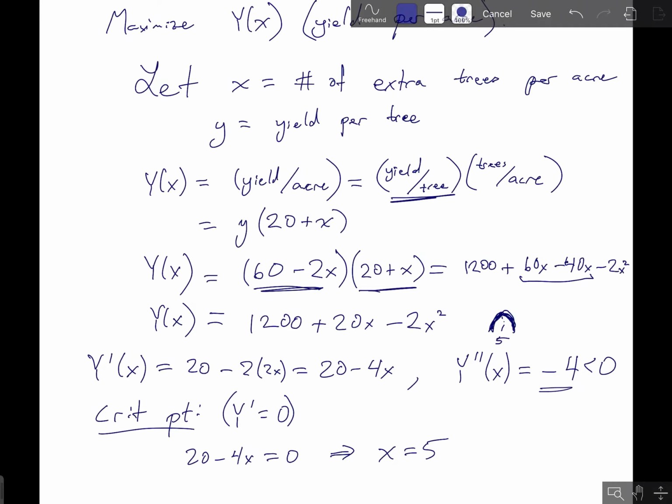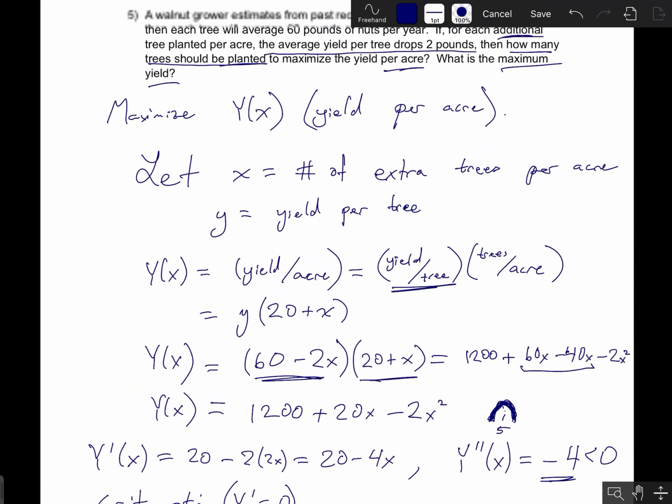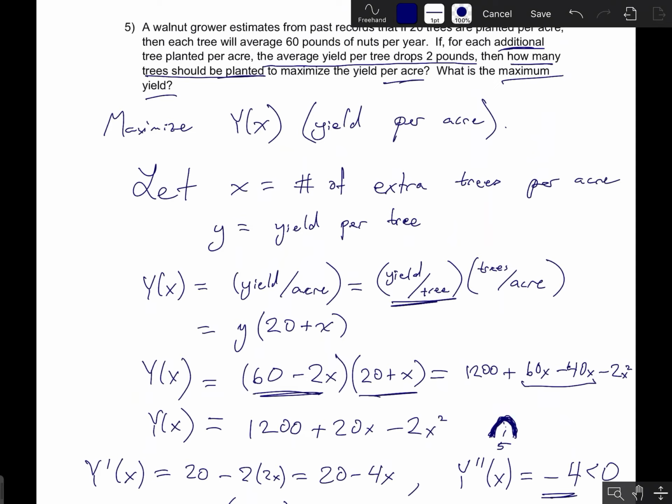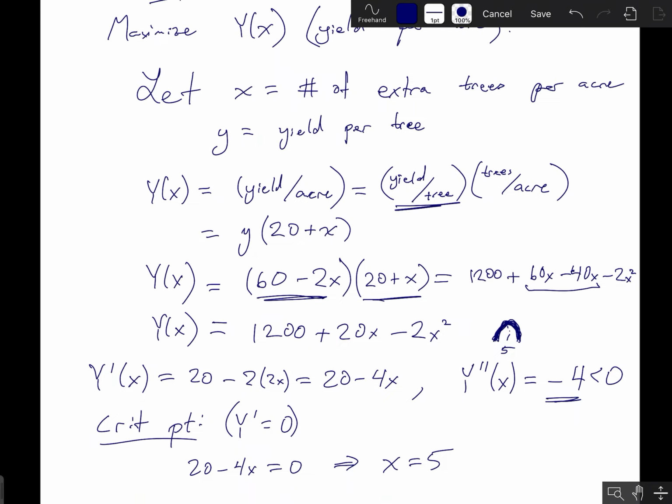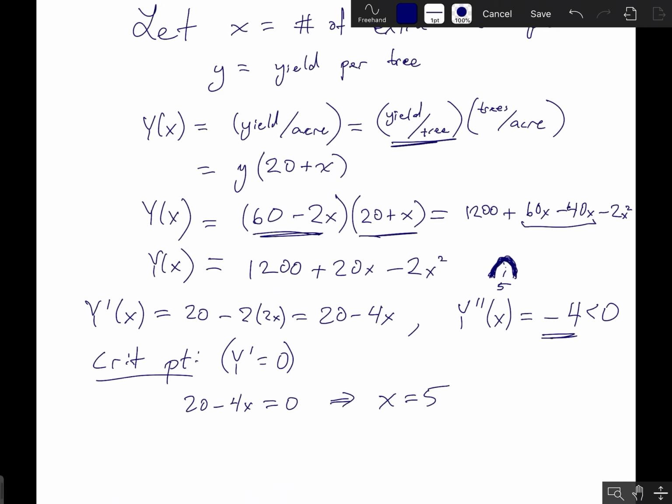We know that the second derivative for y is negative 4 everywhere, so the picture has negative concavity, and therefore 5 represents a local maximum. Now we can use this information to address the questions that we had at the beginning. The questions were, how many trees should be planted per acre, and what is the maximum yield?